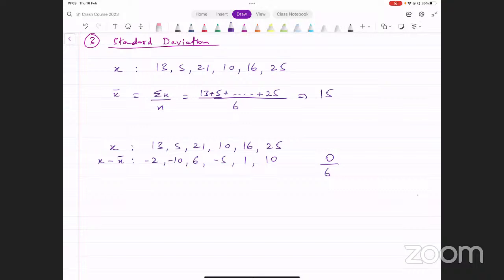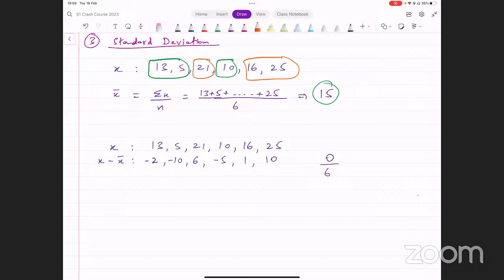And that will always be the case. Why? Because the mean is calculated in such a way that the differences of the values smaller than 15 and the values larger than 15 are equal. So the sum of all the negative values and the sum of all the positive values cancel each other out every single time you take differences from the mean.